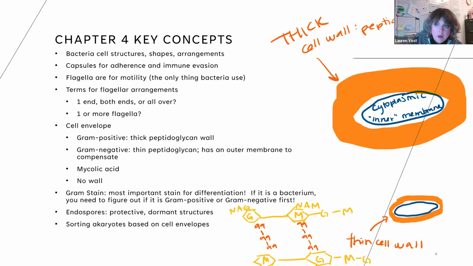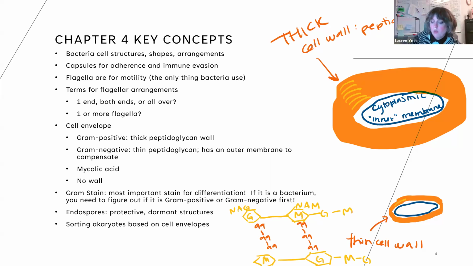Peptide bridges, glycan, glyco, sugars. So sugar chains cross-linked by amino acids. In our thick wall, we are many, many layers thick of those chains cross-linked by amino acids.